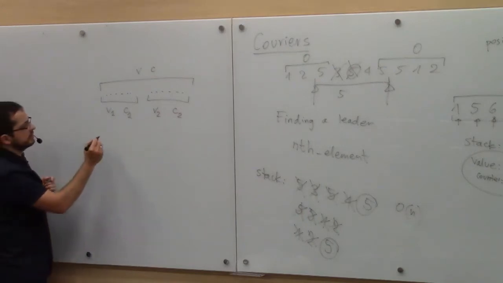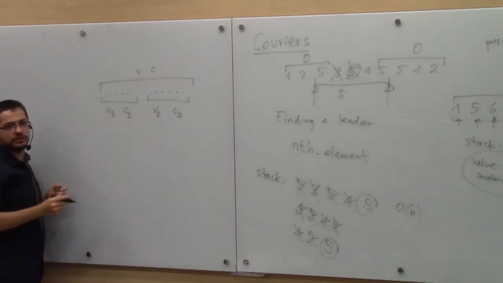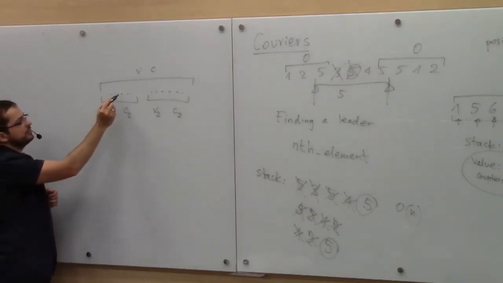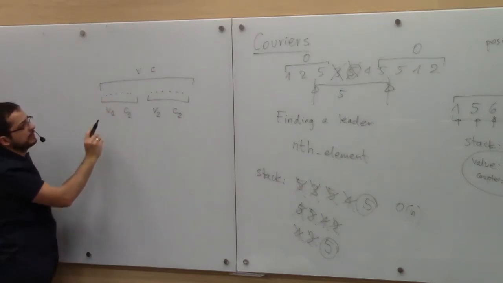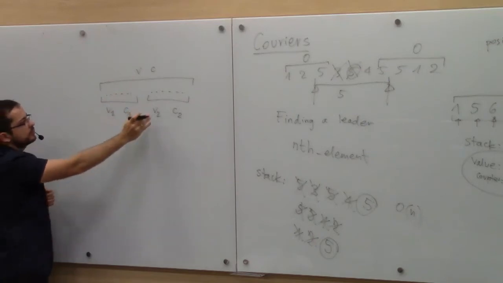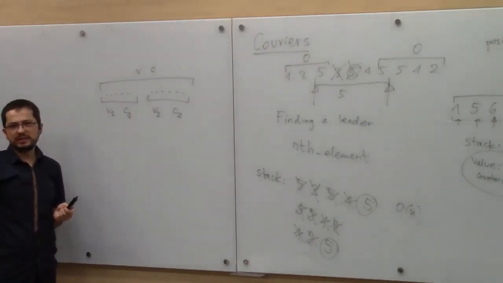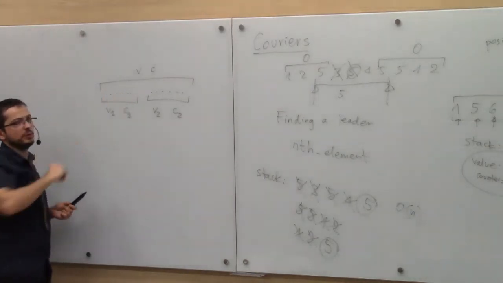So one case is that these two values are actually the same. Here we have some candidates for the leader. In this part we have a candidate V1, and in this part we have candidate V2. If these candidates are the same, then basically this is the candidate for the whole sequence.